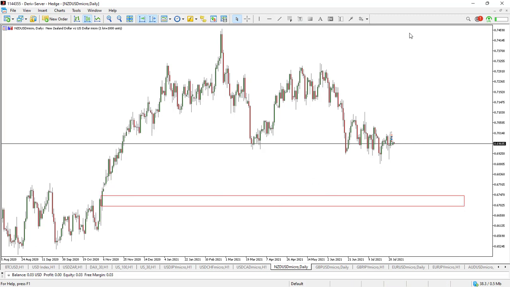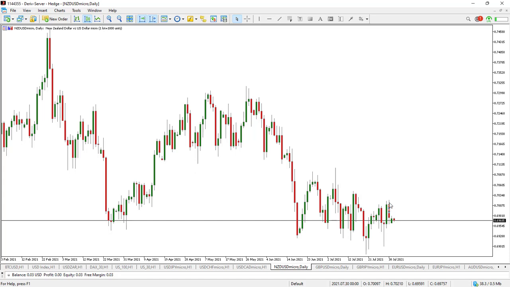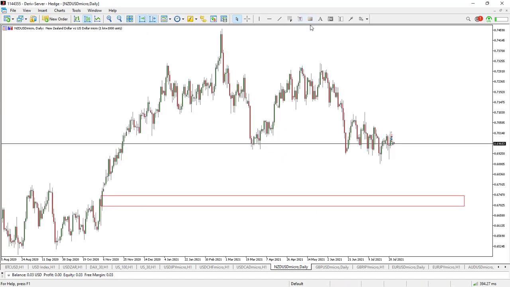As you can see, I was stopped out so many times on this pair, guys. I was selling this pair and got stopped out not once, not twice, but more than 3 or 4 times, and then I stopped trading it. This is the main target for this pair.